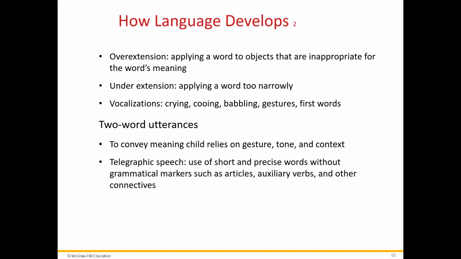So telegraphic speech will include things like "fall down" or "give bottle," and eventually the 2 words will become 3 words. So they might say, "Mommy, give cookie," or "want ice cream." But it's telegraphic speech. Once again, they're saying the most important words that would be in the sentence if they knew how to produce a sentence. "Mommy, I would like some ice cream." They just say "want ice cream."